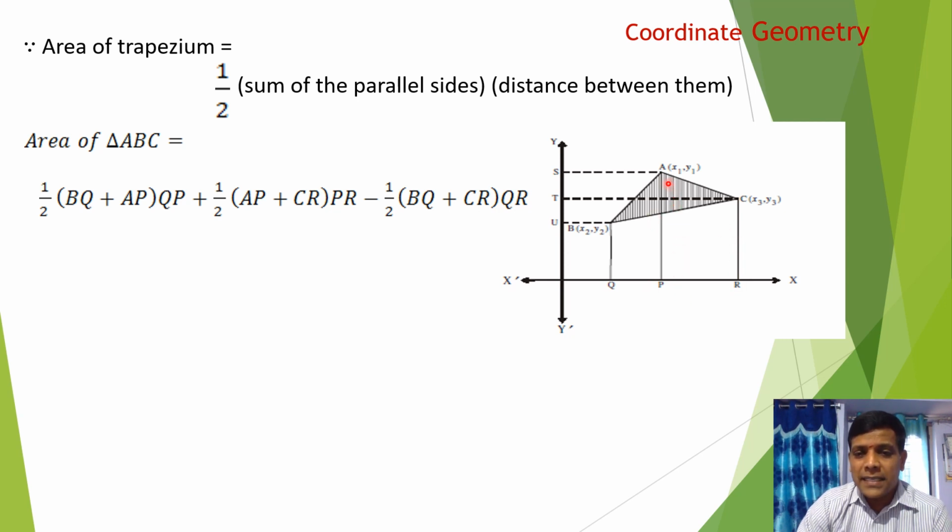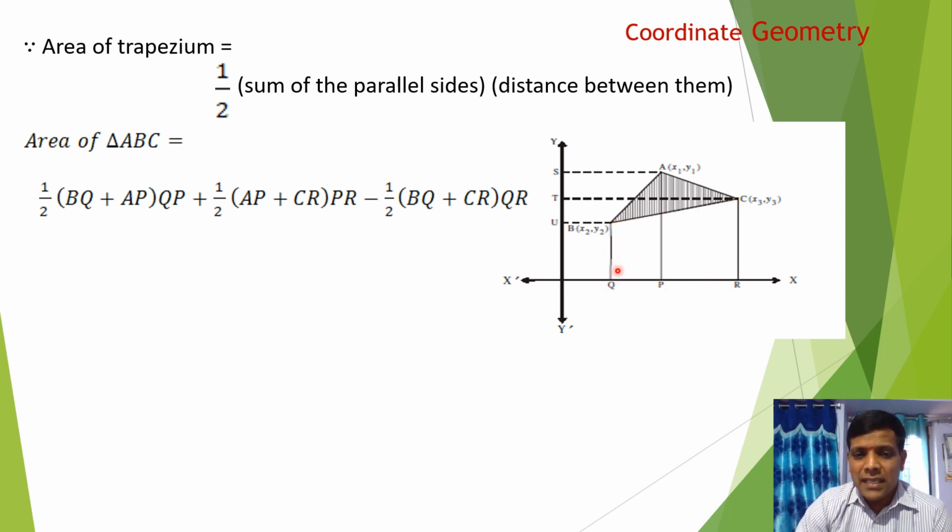Write down the area of trapezium APRC. What are the parallel sides? Here AP and CR are parallel sides, and the distance or height is PR. So the area is half into parallel sides AP plus CR into PR. PR represents the distance. Minus the last trapezium, the third trapezium BQRC.